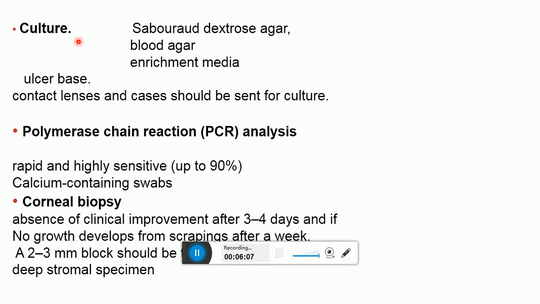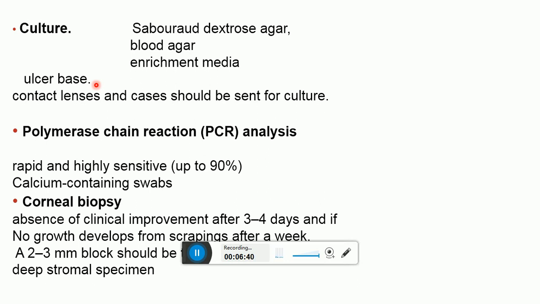Culture. Corneal scrapes should be plated on Sabouraud dextrose agar. Although most fungi will also grow on blood agar or in enrichment media, it is important to obtain an effective scrape from the ulcer base. Sensitivity testing for antifungal agents can be performed in reference laboratories, but the relevance of these results to clinical effectiveness is uncertain.